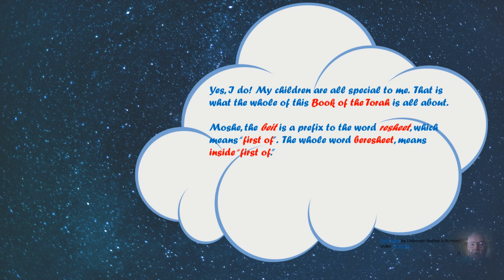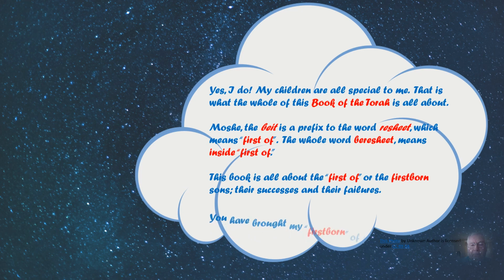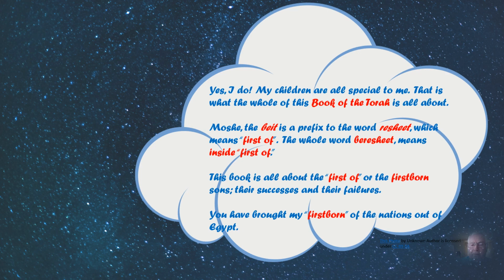The whole word, Bereshit, means inside, first of. This book is all about the first of, or the firstborn sons, their successes, and their failures. You have brought my firstborn of the nations out of Egypt.